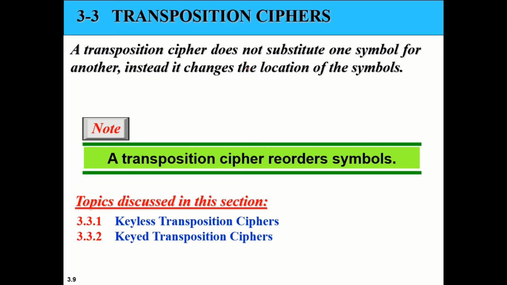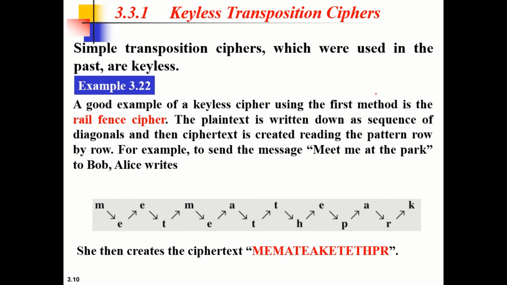So this transposition cipher does not substitute one symbol for another. Instead, it changes the location of the symbol. That is the same thing, reordering of symbols. So we will be covering two kinds of transposition ciphers: one is keyless and another is keyed. So keyless transposition, what does it say?